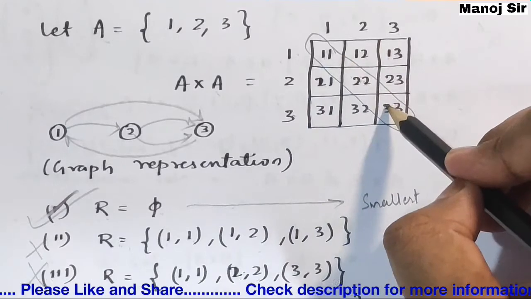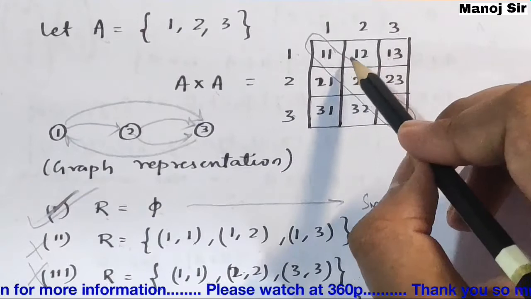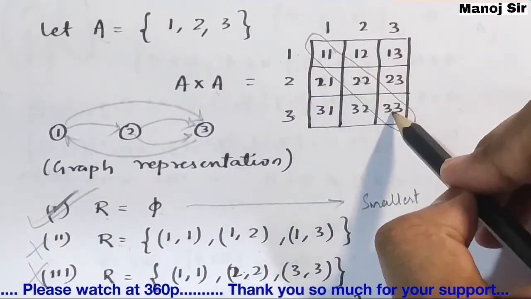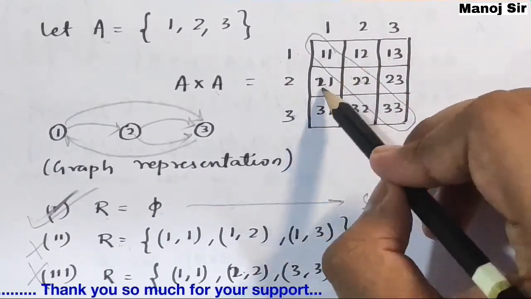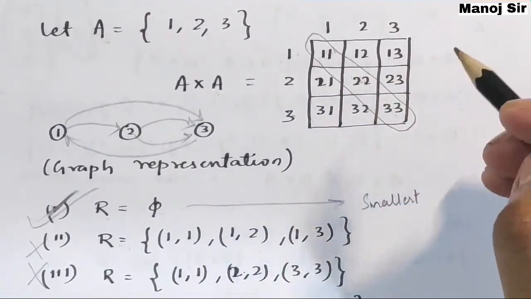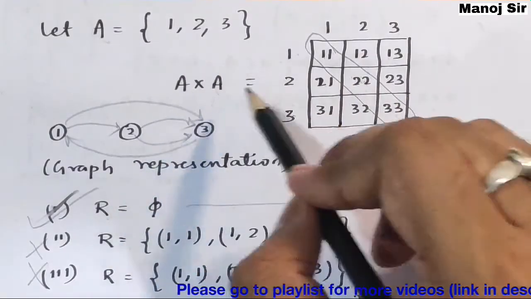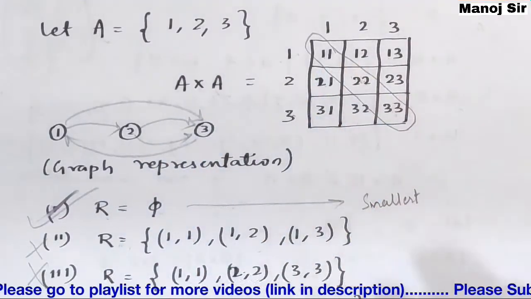These three diagonal pairs are the reflexive pairs, but if you remove them, the other non-diagonal pairs are non-reflexive pairs. So out of A cross A, simply remove the diagonal elements.